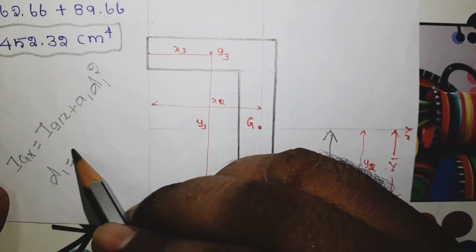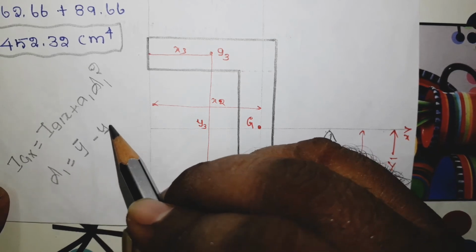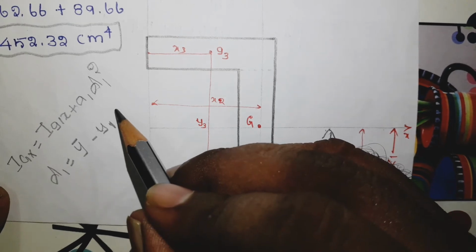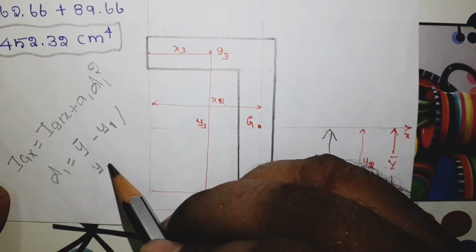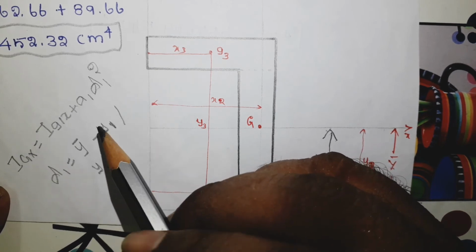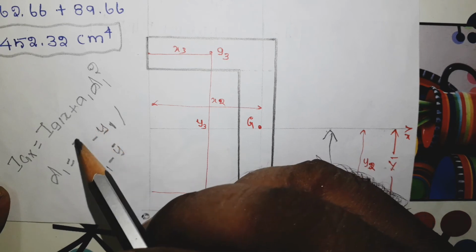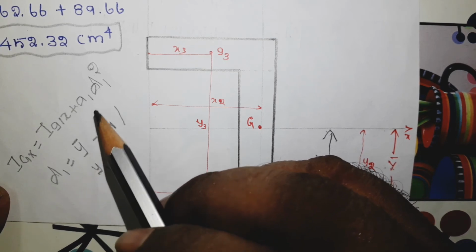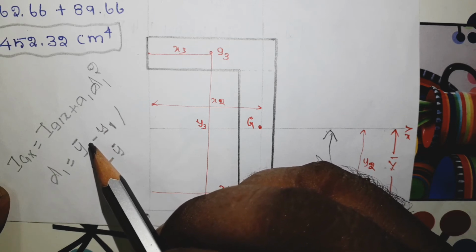So d1 can be written as y bar minus y1. Or otherwise it can be written another way, y1 minus y bar, because I am going to square this value. So minus or plus doesn't matter, everything will be squared into a positive number.